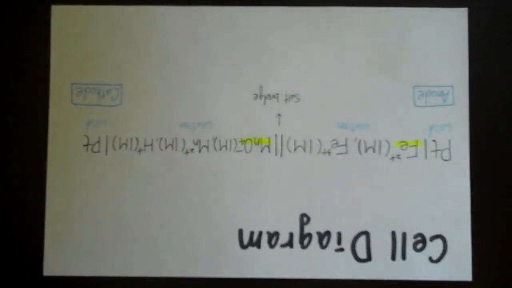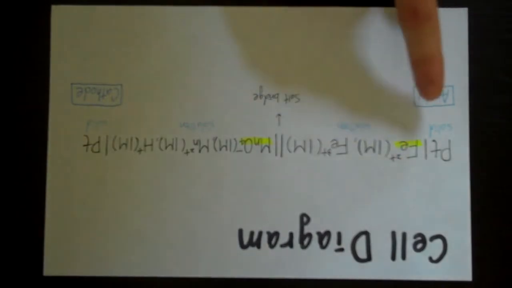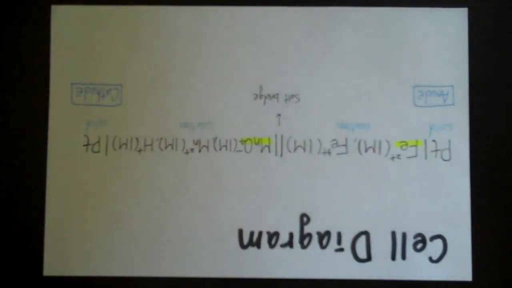Lastly, we're going to talk about the cell diagram. A cell diagram, or standard line notation, is a shorthand method of drawing a galvanic cell. It reads the galvanic cell from left to right, from anode to cathode. This cell diagram shows the standard state reaction of permanganate with iron 2.